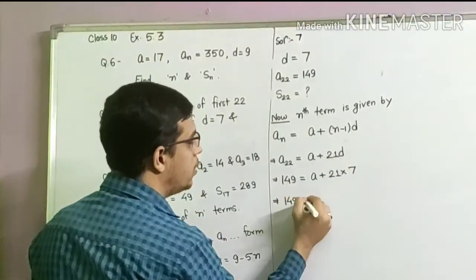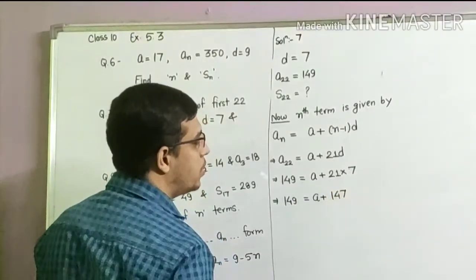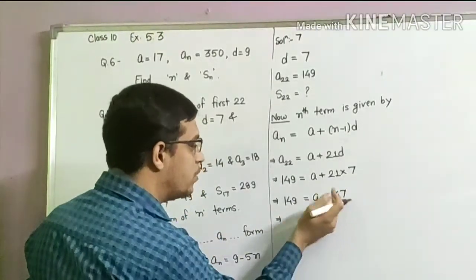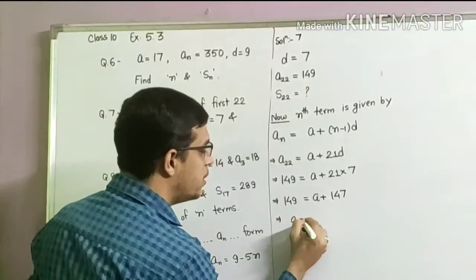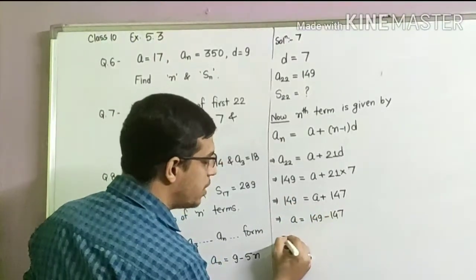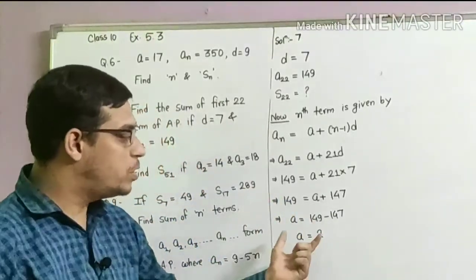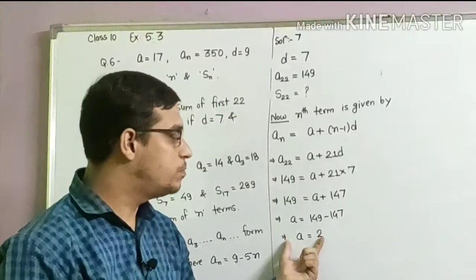So 149 is equal to a plus 147. When 147 is transported this side, a will become 149 minus 147. So value of a will be 2. So we got the value of a.